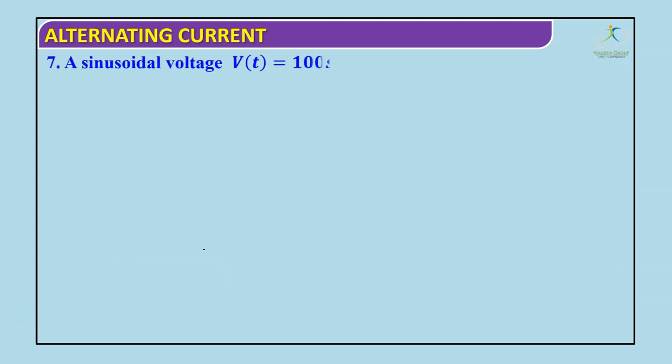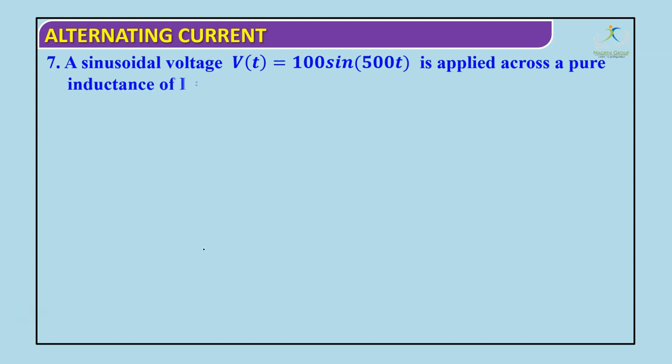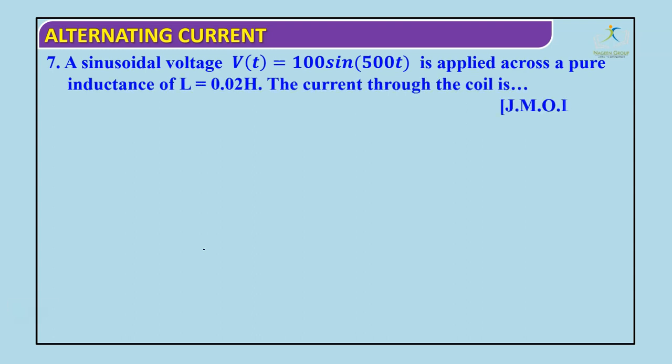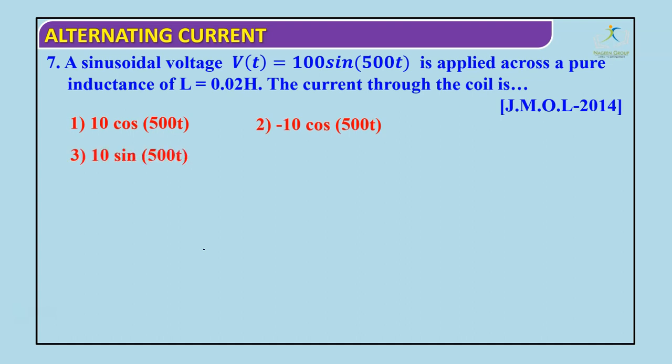Next question we have: a sinusoidal voltage V(t) is equal to 100 sine 500t is supplied across a pure inductance of L is equal to 0.02 Henry. The current through the coil is: 10 cos 500t, minus 10 cos 500t, 10 sine 500t, or minus 10 sine 500t.